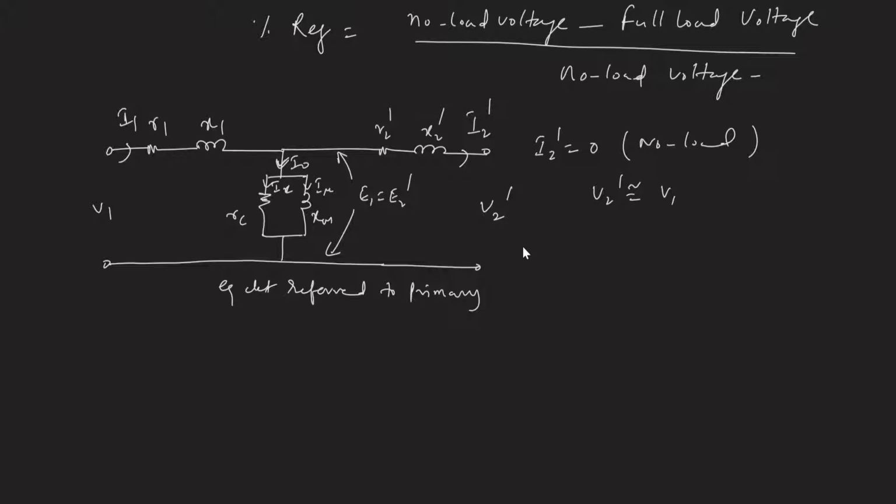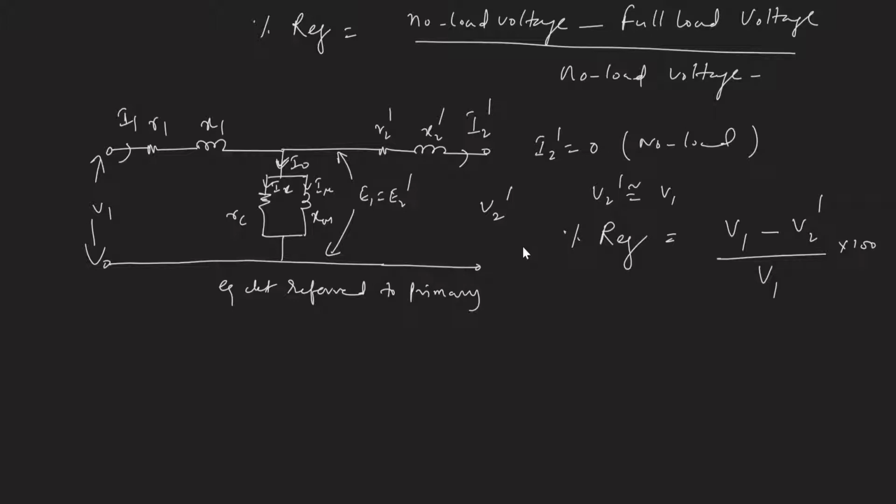So I can say that this no load voltage is equal to the supply voltage, right? So I can say that the percentage regulation is V1 minus the full load voltage, that is V2 dash, divided by V1, multiplied by 100, gives me percentage regulation.